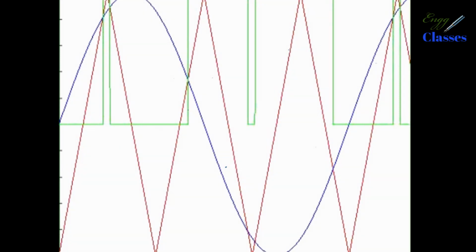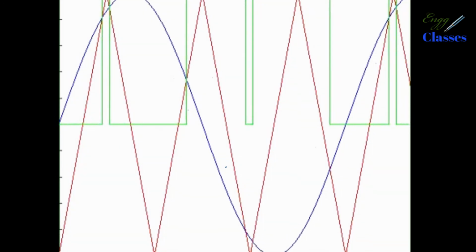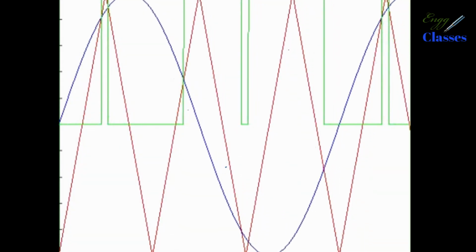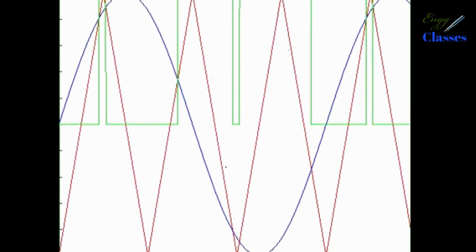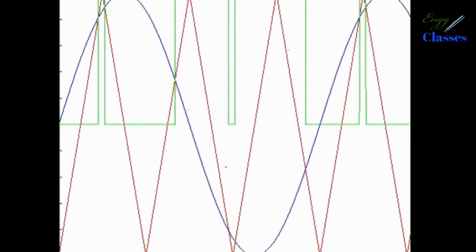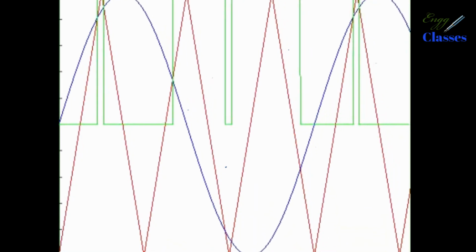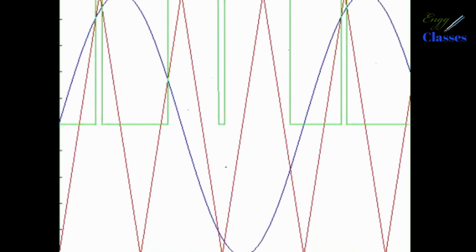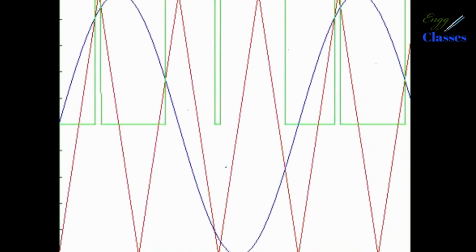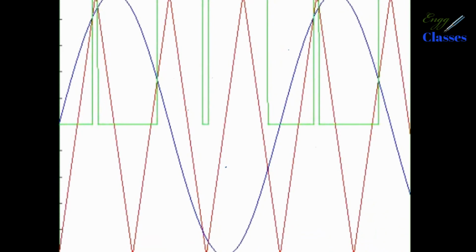If I increase that value to 9, I will get 9 such pulses. So as you go on increasing the frequency of the carrier signal, you can get more such pulses in the output of a pulse width modulator.